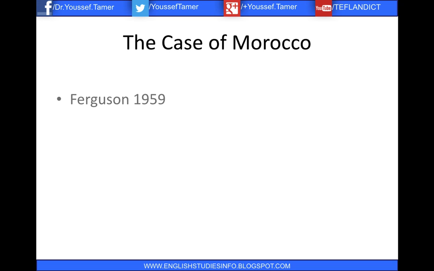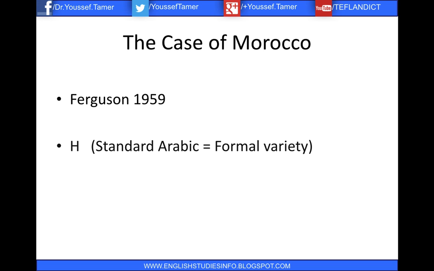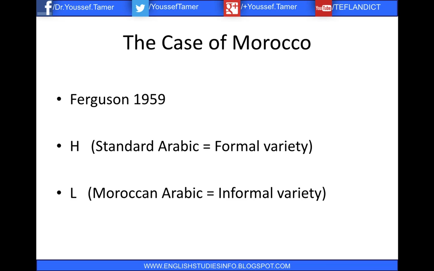The case of Morocco, that's Ferguson, the American sociolinguist I told you about, 1959. He referred to Standard Arabic as the formal, high variety, and Moroccan Arabic as the informal, low variety.